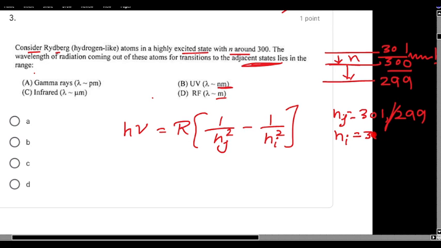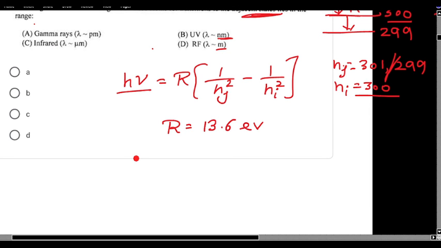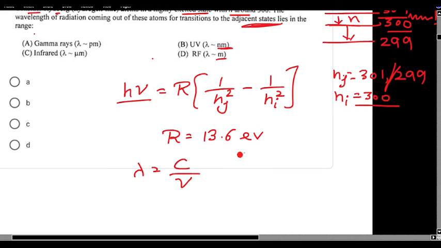Put in all the values, with the Rydberg constant value 13.6 electron volt, and you will get the frequency, and from the frequency you will get lambda, which is c by nu. Putting in all the values, you will get the radio frequency range.